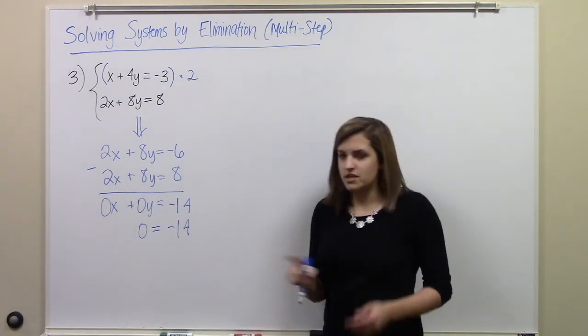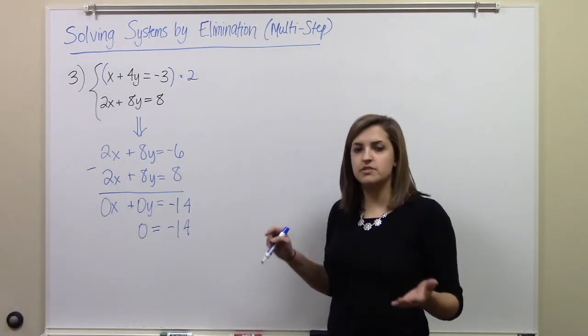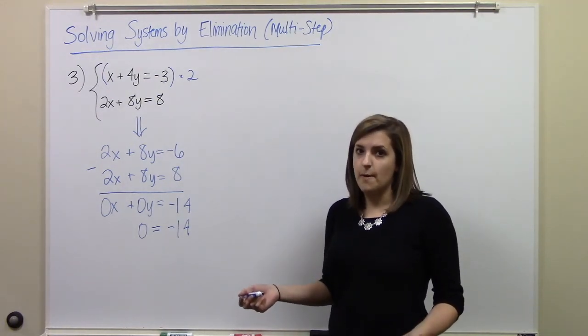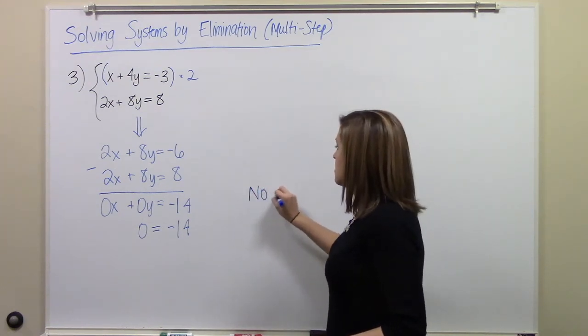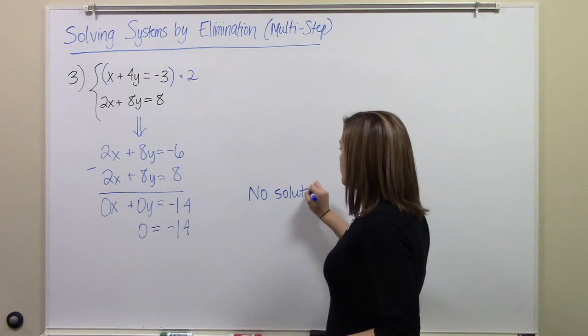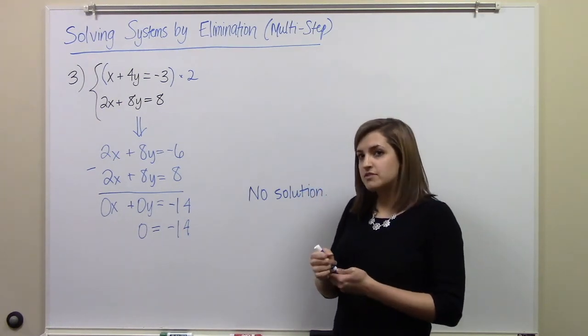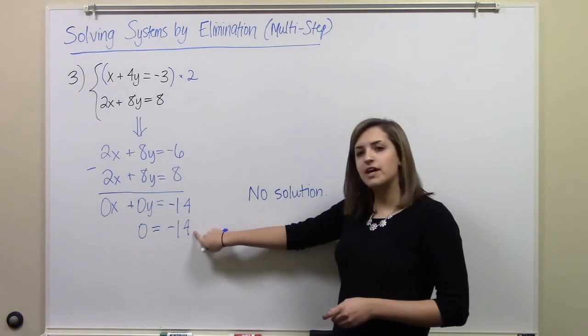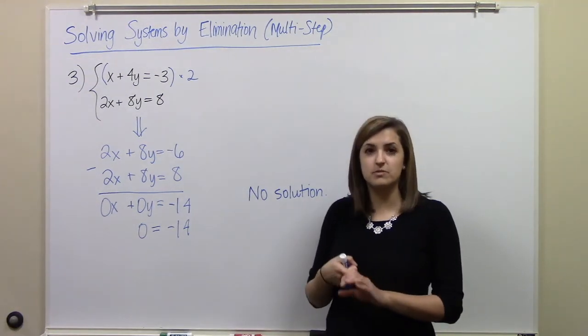Well, this also doesn't tell me anything about my variables, and this is not true. 0 is not equal to negative 14. So this means we have no solution. And if you remember before, in our last example, we had infinitely many solutions because the thing we ended up here with was true. We had 0 equals 0.